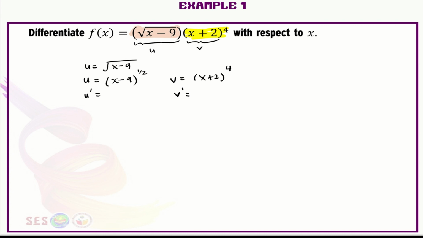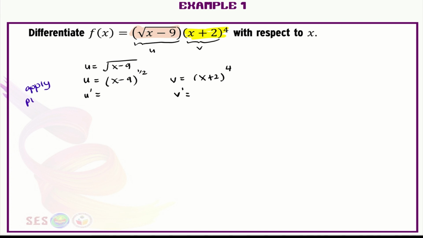Basically, we need to differentiate u with respect to x and differentiate v with respect to x as well. We've got (x minus 9) to the power of 1 over 2 here, so we can apply the power rule.